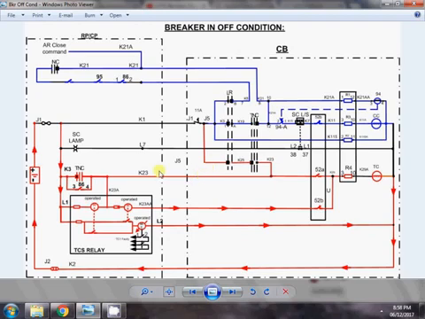In the tripping circuit we can see that an NO contact of the auxiliary contact is used, and a close contact is used to monitor the healthiness of the tripping circuit. This is the TCS relay.